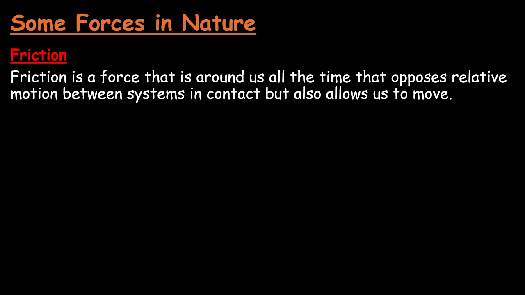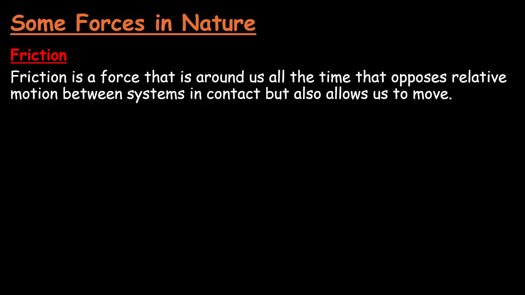So friction can be defined as a force that is around us all the time that opposes relative motion between systems in contact, but also allows movement, or it allows us to move. Okay, so it is the force that opposes motion. All right, and we are going to talk about two basic types of friction.